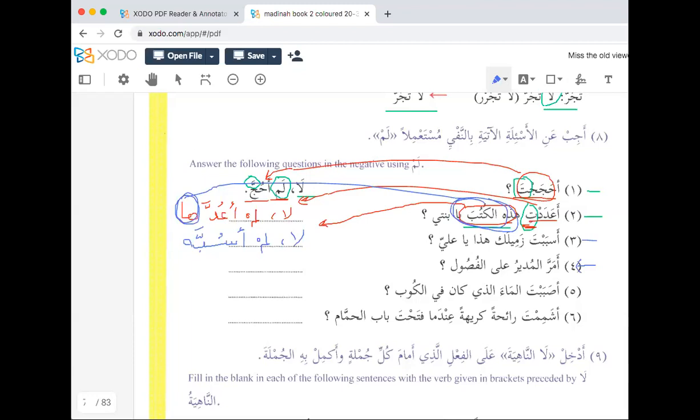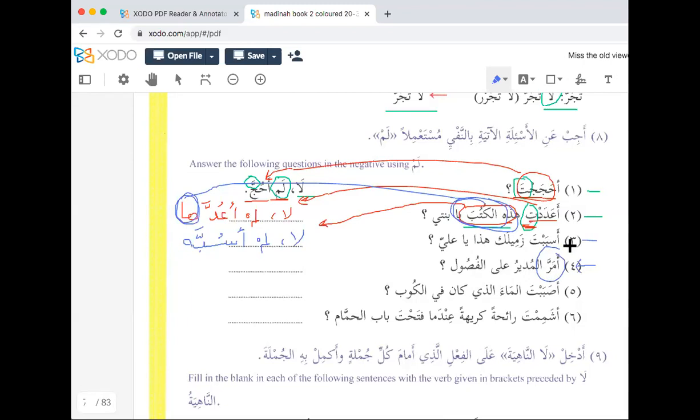Another sister, interestingly, wrote, did the principal command you in class? That's a common mistake to make there because of marra. Okay, this is not from command, which is amara, ya'muru. This is not fi'l mudha'af.